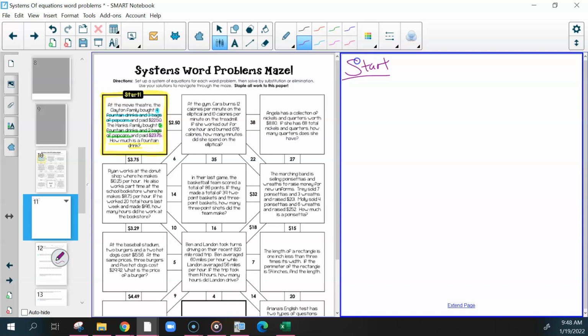So this, you're going to need to do somewhere else, on a separate sheet of paper, on the back, something like that. We don't have variables. We need to define our variables. What don't we know? Yes. We don't know how much is a fountain drink, how much is popcorn. So you can call that F and P, X and Y, it doesn't matter.